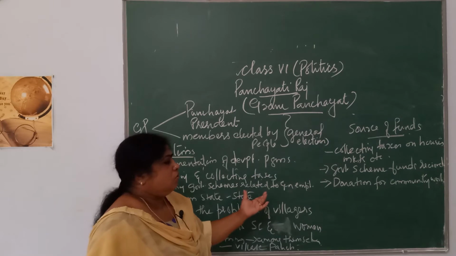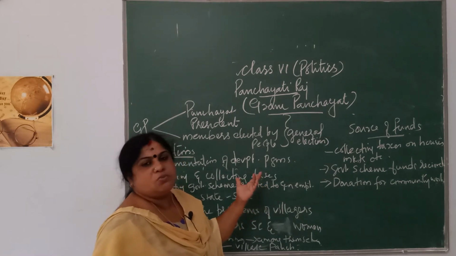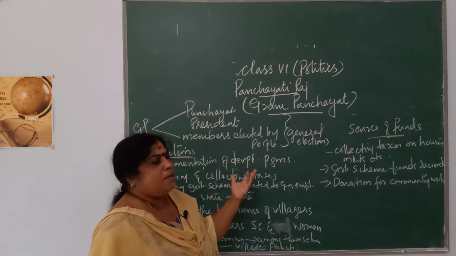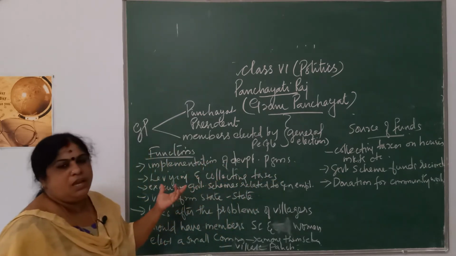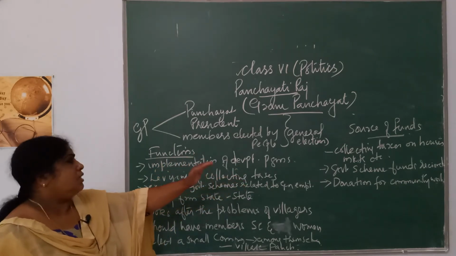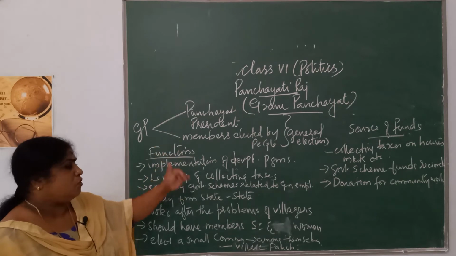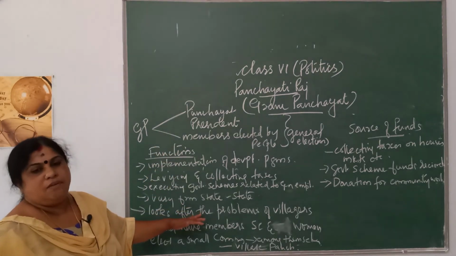Then through certain community developmental works, donations are also received by the Panchayat. These donations are also used for the welfare of the villages. So these are the areas from which they receive funds to improve the condition of the villages.